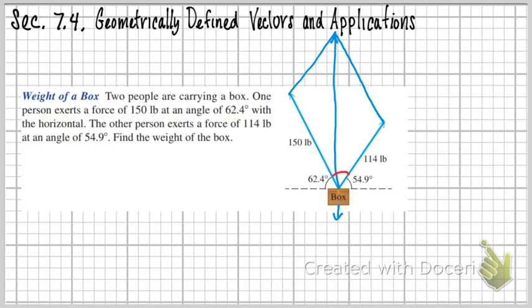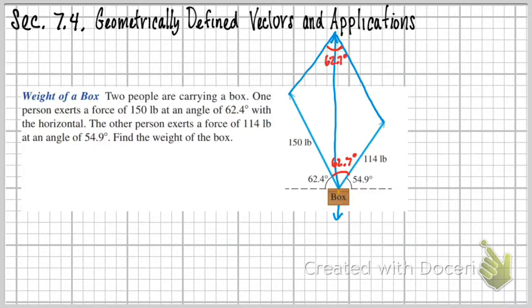So now, by doing the math there, I got 62.4 plus 54.9. That angle ends up being 62.7 degrees, which means the angle across from it, since this is a parallelogram that we created here, is also going to be 62.7 degrees.